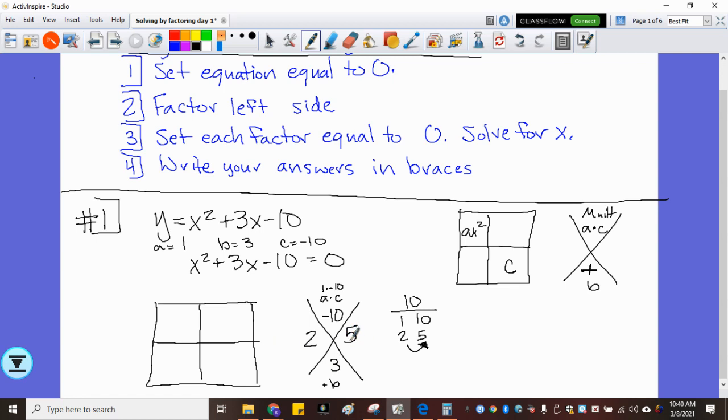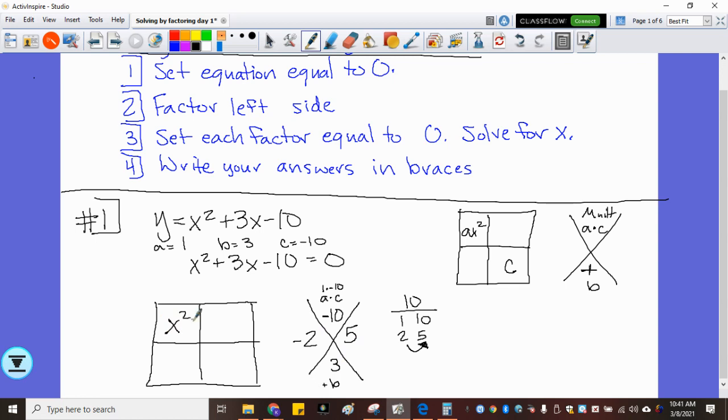Which one's bigger, 2 or 5? 5. So the 5 has to be positive, so 2 is negative. Negative 2 plus 5, or 5 minus 2, is 3. Negative 2 times 5 is negative 10. So negative 2 and 5.